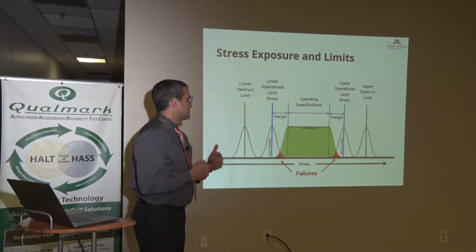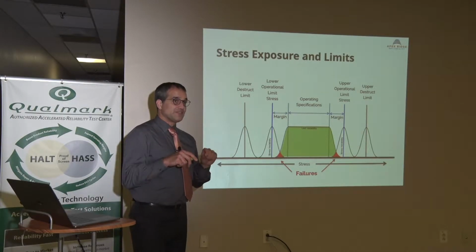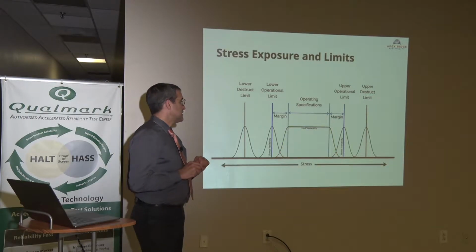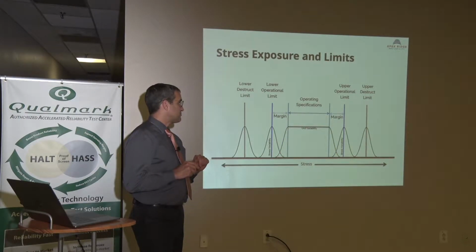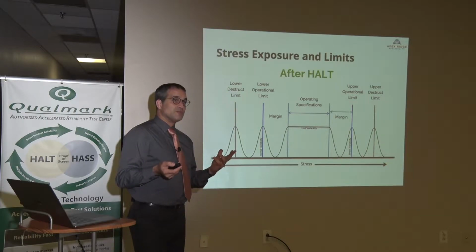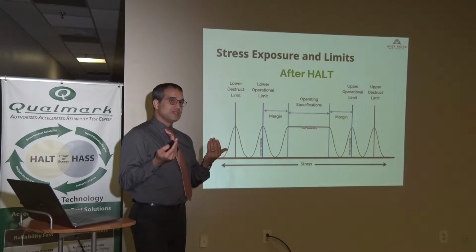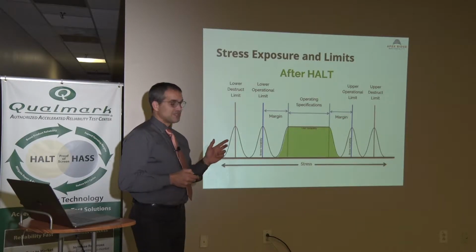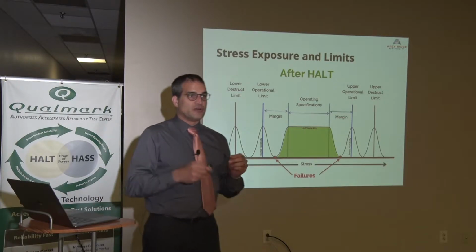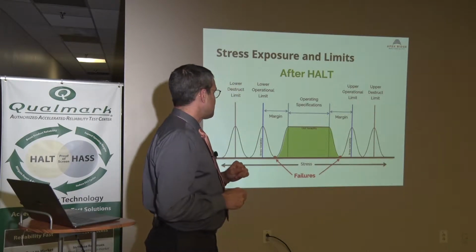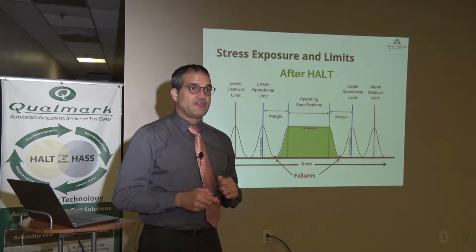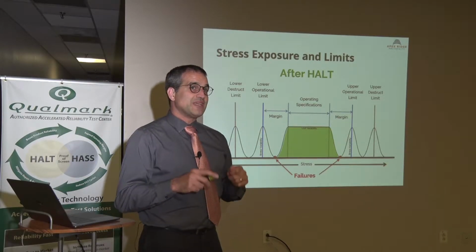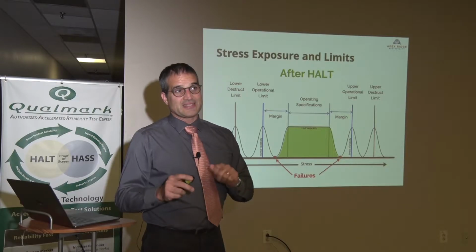So if we're able to identify specifically the relationship between use stresses and incrementing them up in performance, and we can change the design through this, we're going to move the two means of those distributions farther apart. And now we have a much smaller percentage of overlap between the distributions. So that's just like HALT, right? That's what we found after HALT, and that's what we're going to find after use case 7. But we're able to make statements on it with use case 7. That's the big difference.